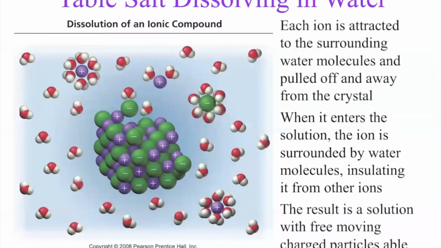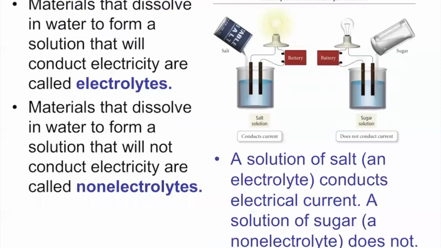When the ionic compound enters the solution, the ions are going to be surrounded by water, and now you're going to have free charges flowing around, which have the ability to conduct electricity.